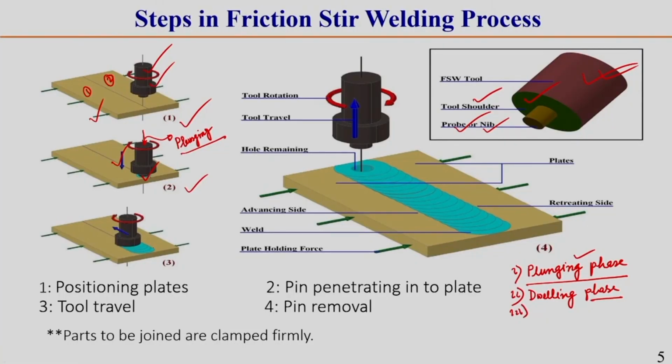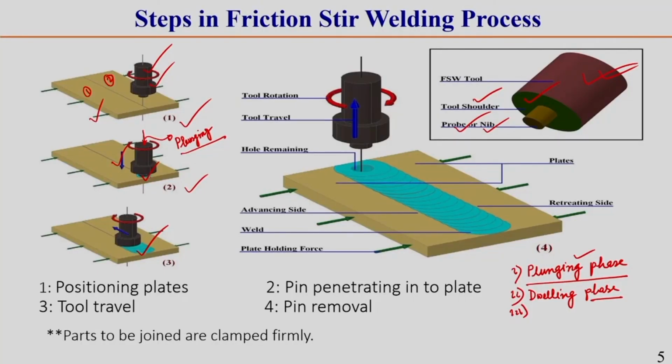Now, the third phase or third stage, as I have shown here. Once the material is sufficiently heated, at around 80% of the melting point temperature, we give a traverse speed, that means we start moving this FSW tool. Here I have shown this direction using this blue arrow line.